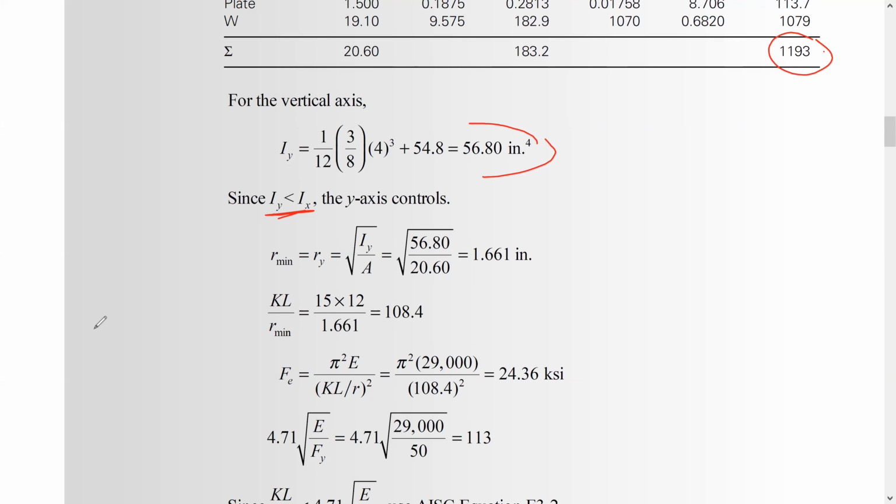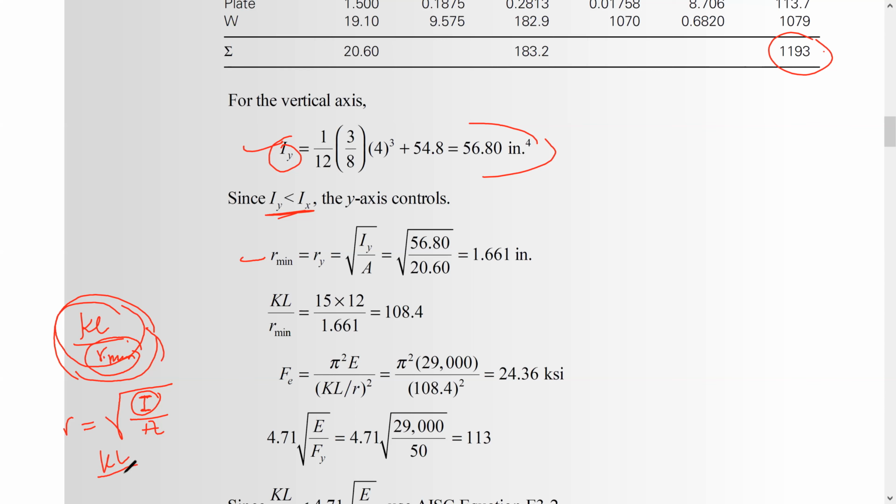As I mentioned, we take KL over r minimum, because all the time we are taking the largest slenderness ratio, meaning the minimum radius of gyration. Radius of gyration is the square root of the moment of inertia I divided by A. So the smallest I here is Iy, okay? So r minimum will come from Iy. KL is constant and r minimum comes from Iy, so in this case the y-axis will control.